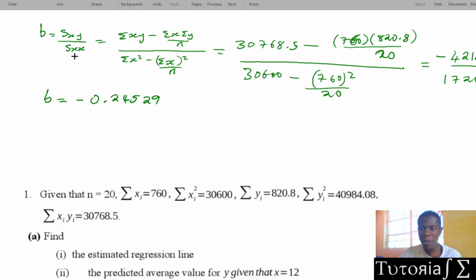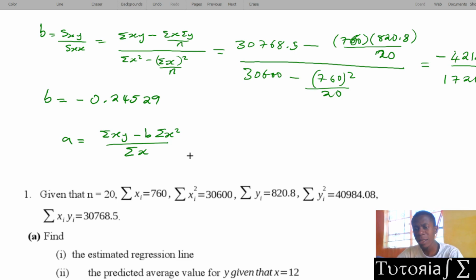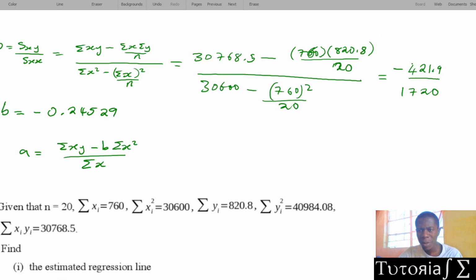Then for a, we said for y on x, a is equal to the sum of y minus b times the sum of x, all over n, like that. So that is our b, and our a, simply we can put it like that. So we can now replace to find a. Our a will be equal to summation of y, 820.8, minus b.